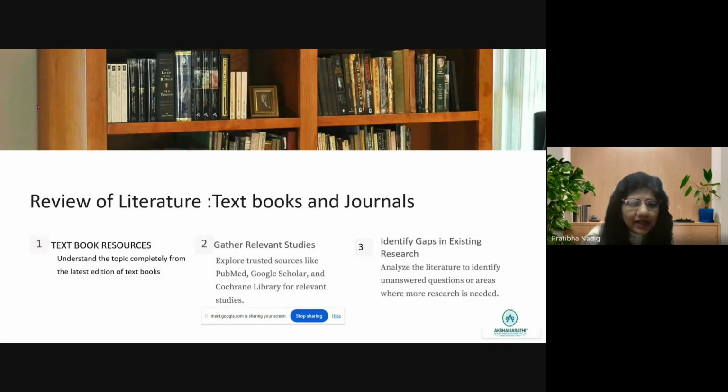We must read from the textbook sources, from the latest edition, where everything is updated. Gather the relevant studies from PubMed, Google Scholar, Cochrane Library, and other websites where you can access these articles. You should learn to read them, discuss with the faculty to understand them. That is very important. And make notes of that, and then get more and more.